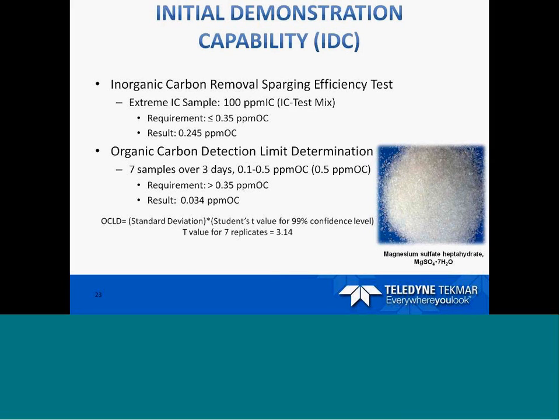In our case, we were running 0.5 to 25 ppm, so we ran a 0.5 ppm organic carbon. The requirement is that the result has to be greater than 0.35 ppm, and our result was 0.034 ppm.